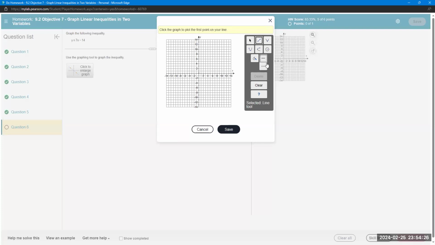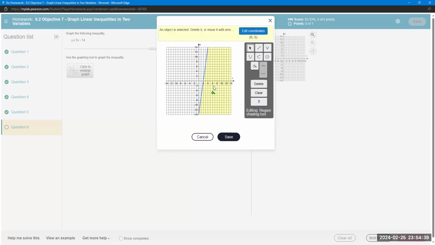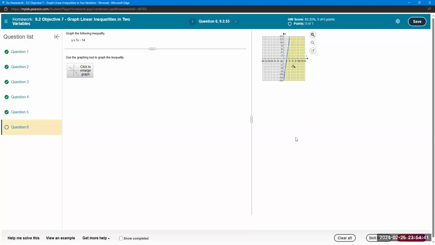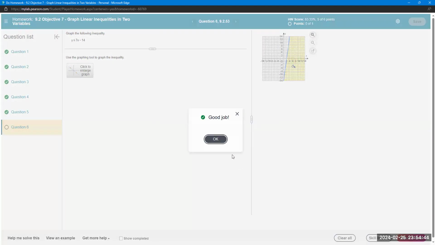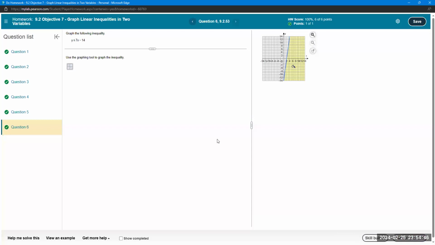So we have a line that's going to be a solid line, has a y-intercept of negative 14. Then we're going to go up 7 and right 1. And we want to shade below that line, which is going to be on that side. And there we go. That's it.